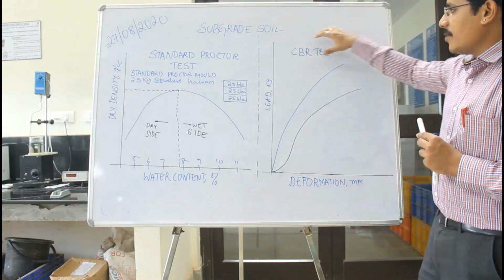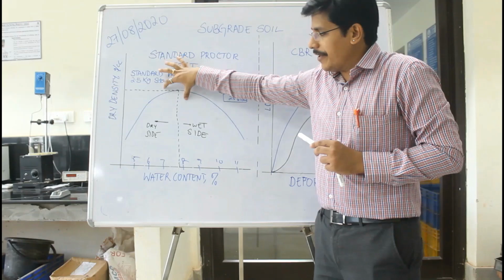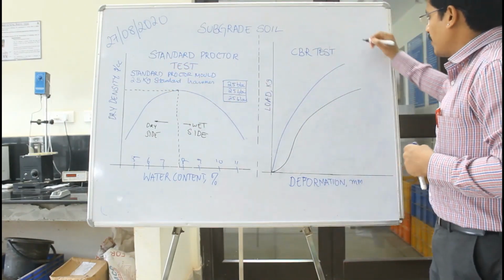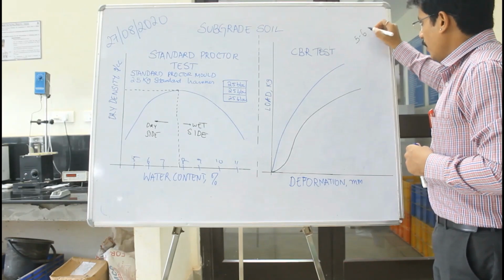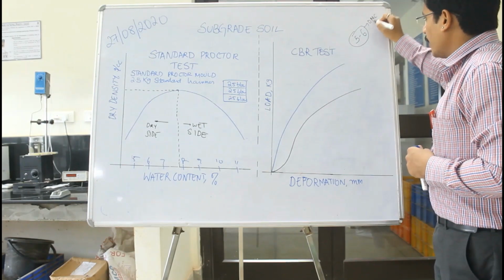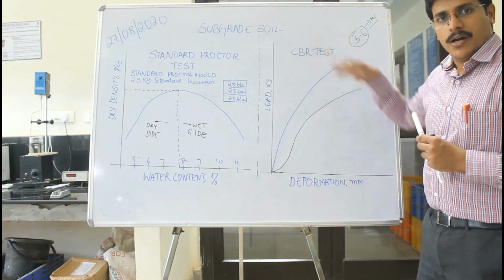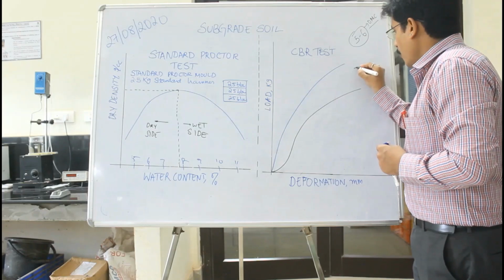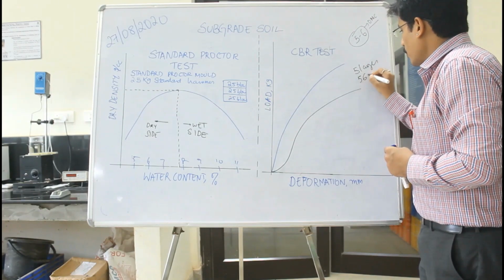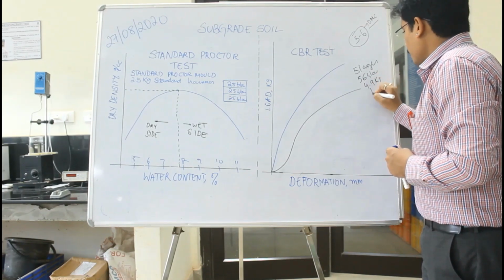To prepare a CBR sample, we take soil at the MDD and OMC. We mix approximately 5 to 6 kg of soil at OMC water content. Then we compact the soil in a CBR mold with a compactive effort of 5 layers, and each layer 56 blows with a 4.9 kg hammer.